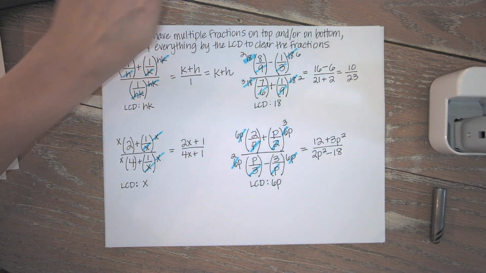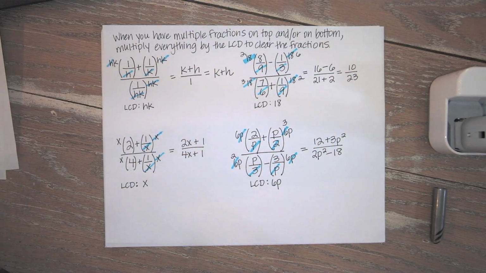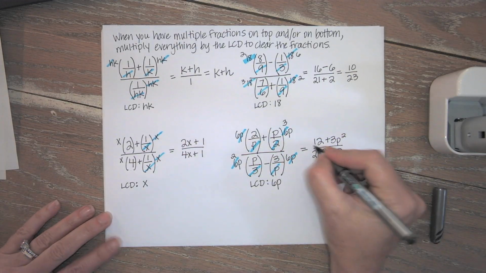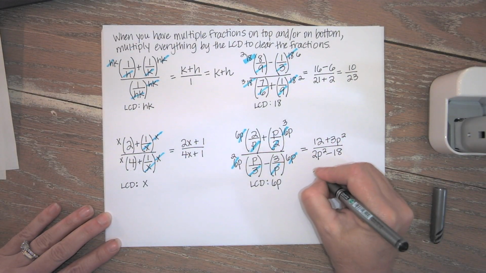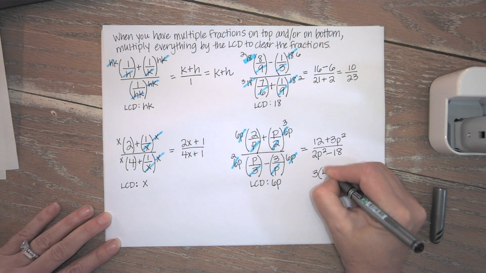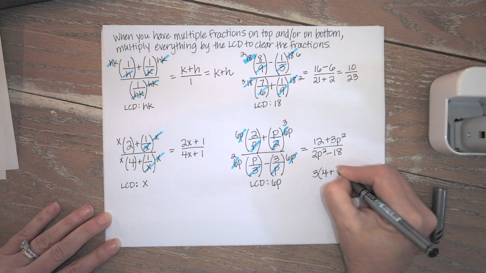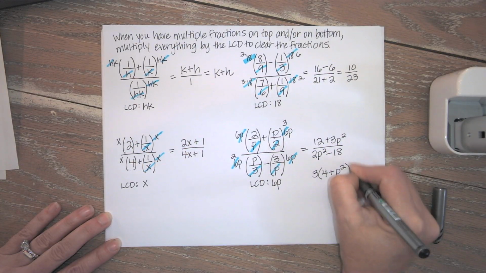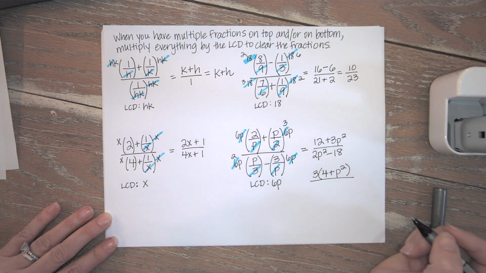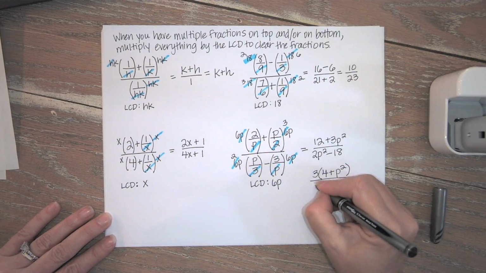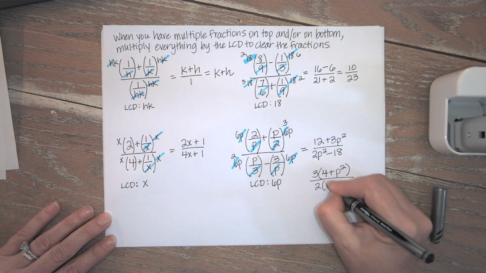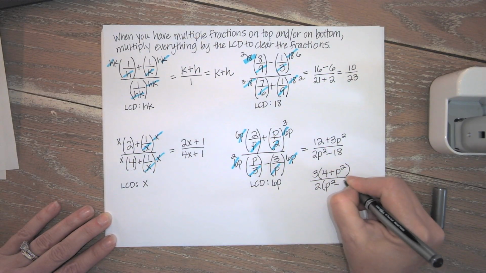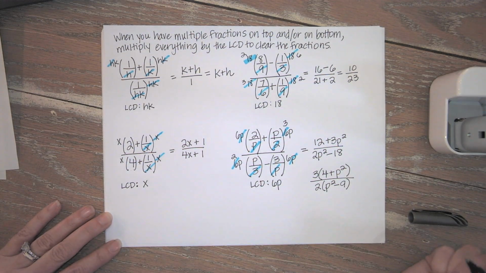Now, in order to see if that will simplify it all, we should try to factor anything that can be factored. I see that on the top here, I can factor out a greatest common factor of 3, which is going to leave me with 4 plus p squared. On the bottom, I see I can factor out a greatest common factor of 2, which is going to leave me with p squared minus 9.